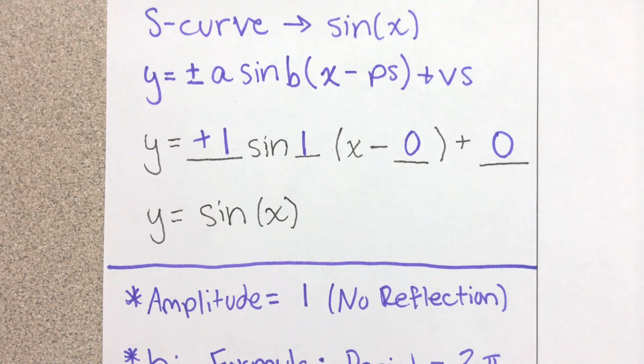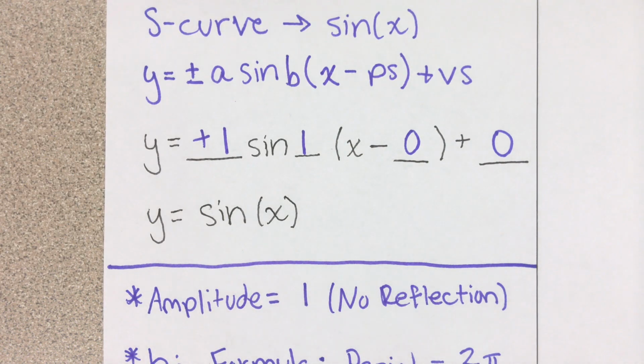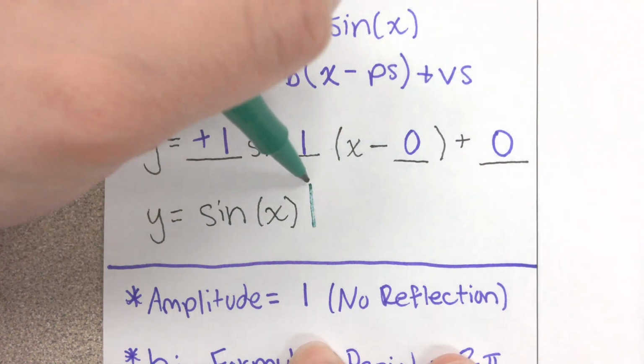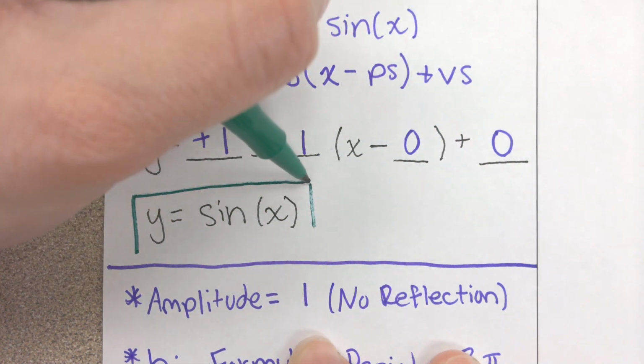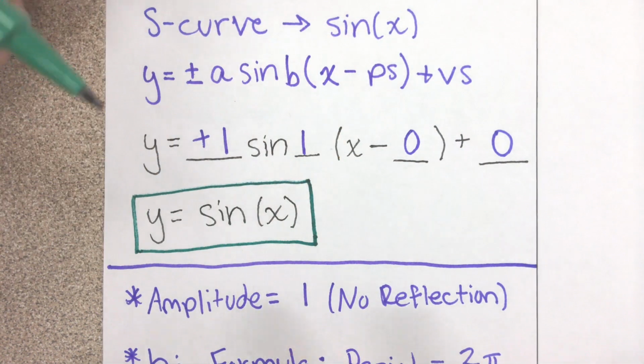So this was actually the plain sine curve, completely untouched. This is the process with a very simple graph. Any questions on the process before we do a slightly more difficult example?